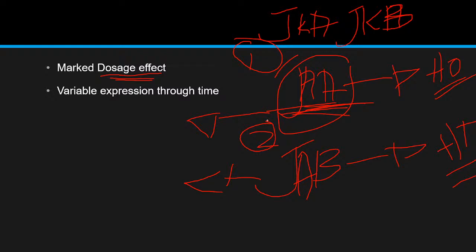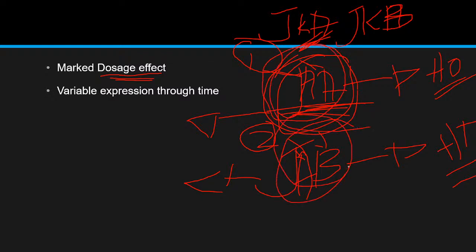From what we studied before, yes, correct. The heterozygous one, because it will produce more JKA antigens. Okay? As opposed to this one, it won't produce a lot of JKA antigens. It will produce half and half. That's what we mean by dosage effect. The strength of the antigen's reaction to the antibody is dependent on the amount of antigens present on the surface of the RBCs.